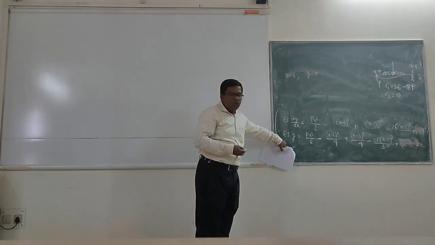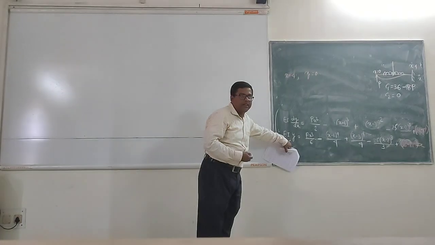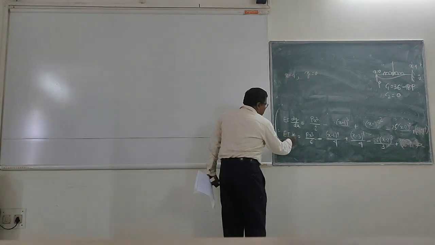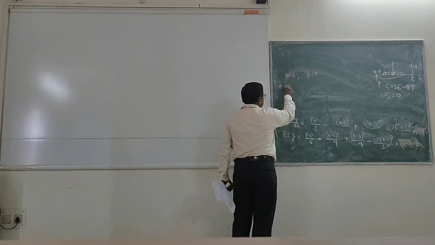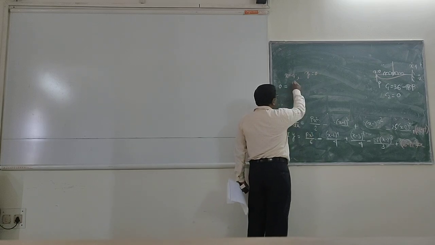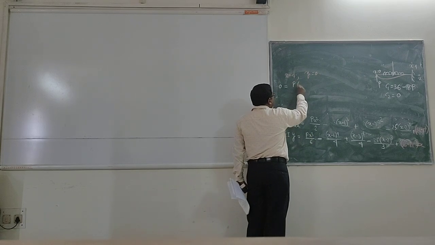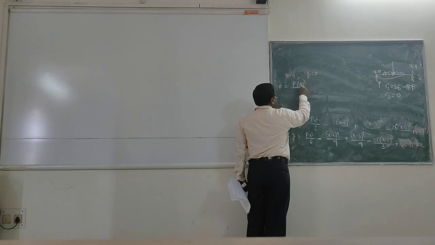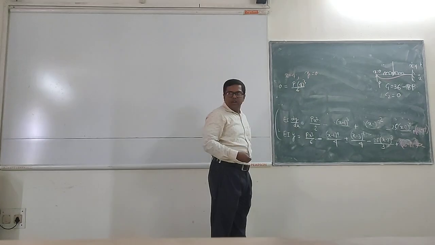Now put that condition back into this equation. You do it yourself. If I put y equal to 0 over here, then EI into y will be equal to 0. Next, P into 4 cube by 6, one term will come.